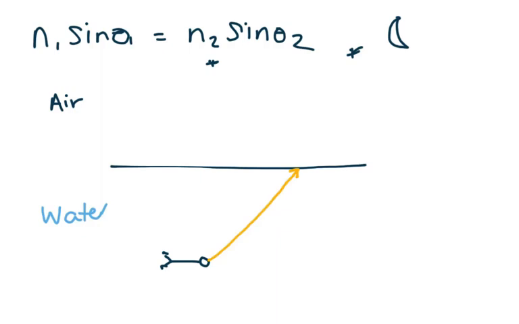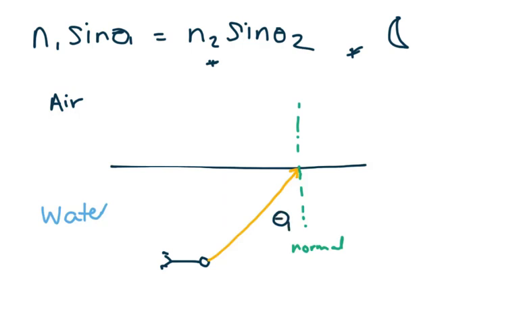Okay? And the imaginary line here is called what? The normal. And we always measure things off the normal, correct? So reflection or refraction, and the normal, so theta 1 would be right here.